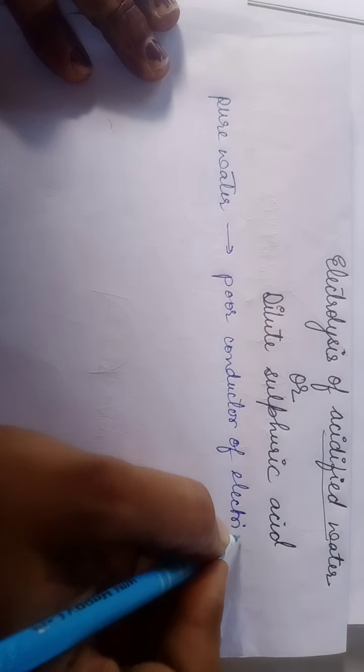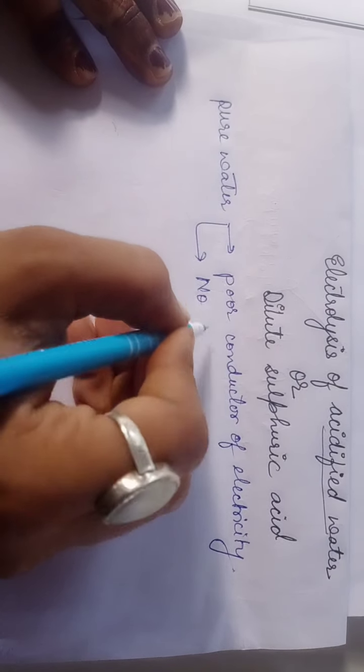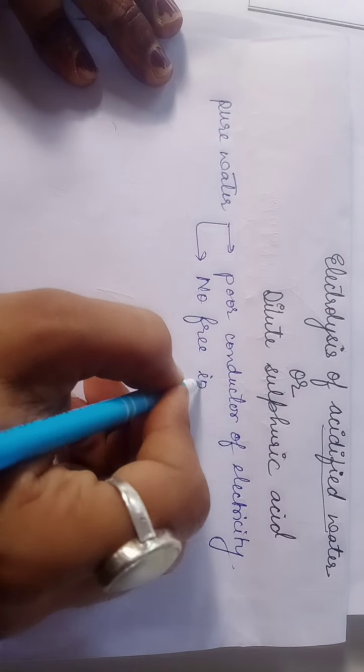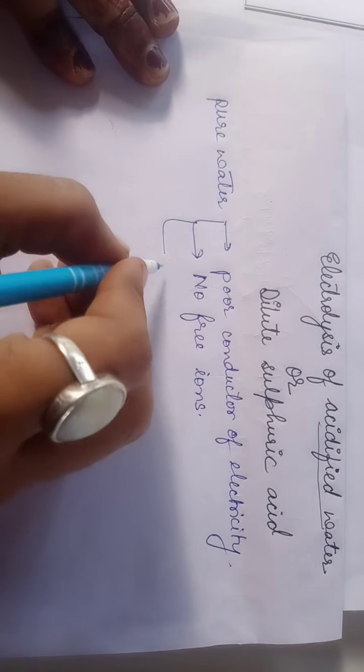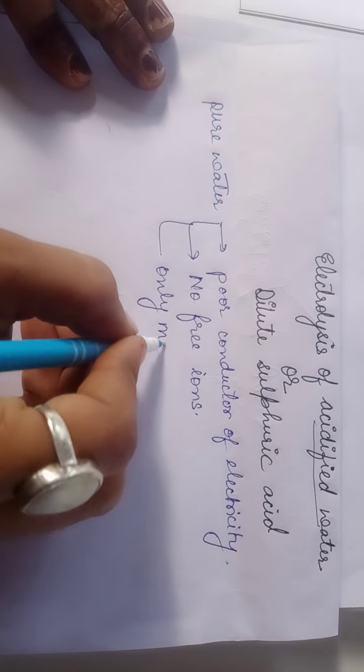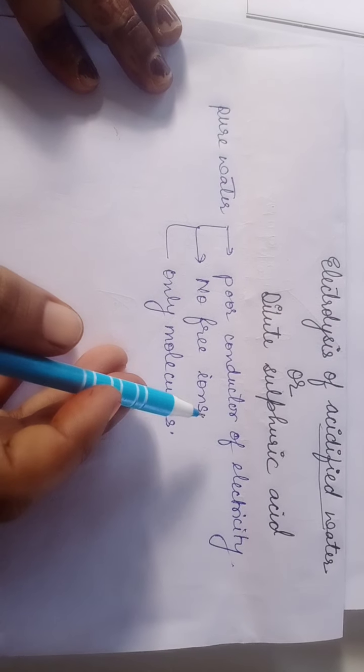That means it does not conduct electricity. Pure water has no free ions. It is totally pure, so no free ions are there. It contains only molecules. Hence it will not conduct electricity.